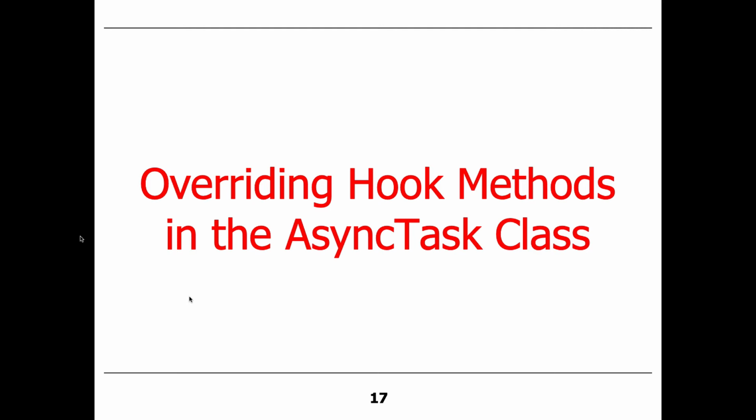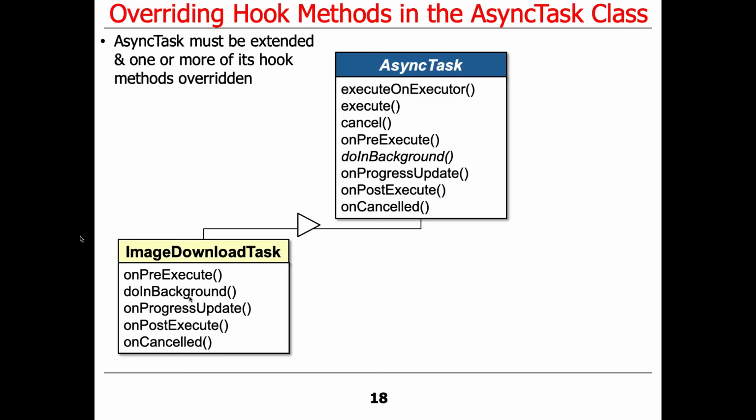What this implies, of course, is that if you're going to be using AsyncTask, you have to override the hook methods. The way this works is you come along, surprise, surprise, and extend AsyncTask, which could either be done by making a new class, or by making an anonymous inner class. And then you go ahead and override the methods you're inclined to override.